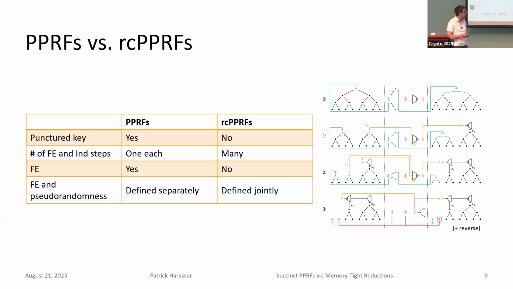And relaxed correctness here means that the start and the end program here are not guaranteed to be functionally equivalent. And indeed, there isn't even a punctured key here in this formalism. All that we know is that there is this sequence of hybrids that allows you to do these game hops. And another interesting difference between the two notions is that while functional equivalence and pseudorandomness for PPRFs are defined somewhat separately, these are defined jointly in one for RCPPRFs.